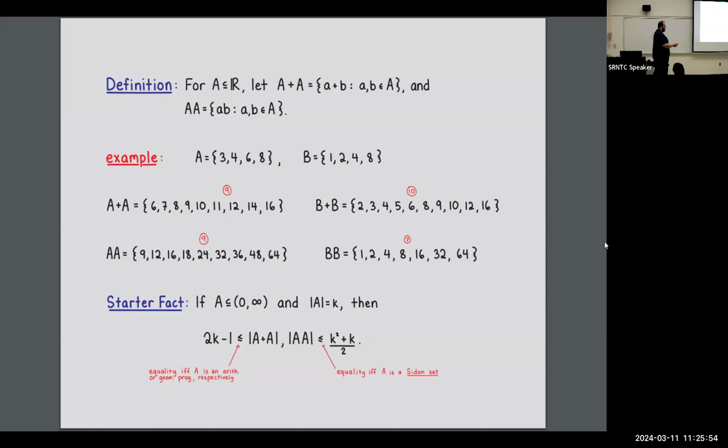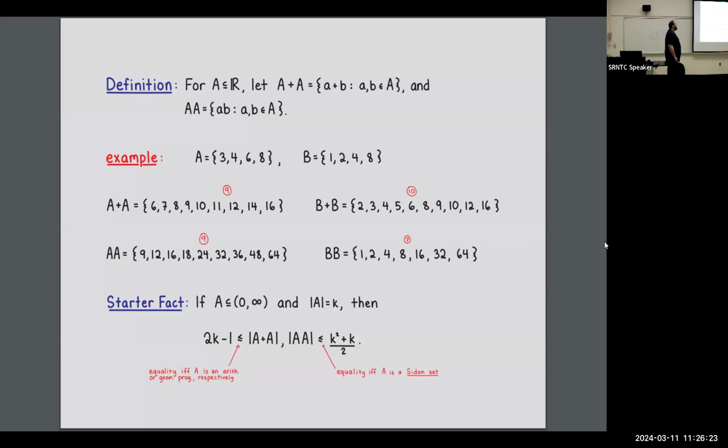On the other side, B plus B has 10 elements here, because every possible way that you could get a different sum, you do. In other words, the only repeated representations you get are by flipping the order of the addition. So that number on the right-hand side is exactly the number of unordered pairs in your set, and that's always going to be an upper bound.